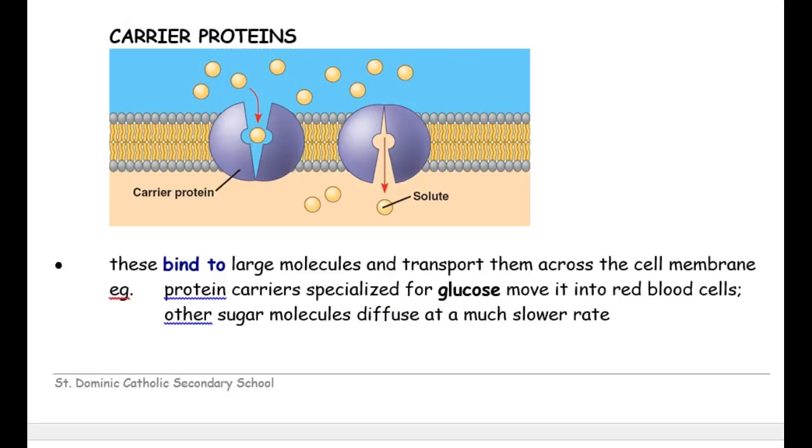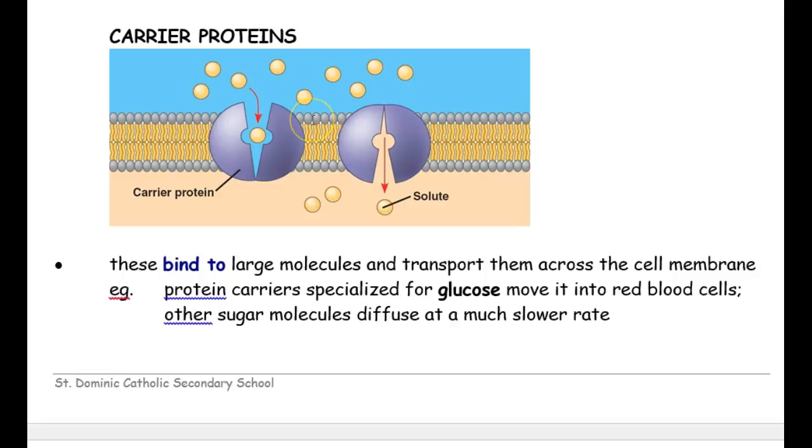Again, remember that facilitated diffusion means the particles being diffused across the membrane don't require any energy, but they are getting help in the form of some kind of transport protein. Carrier proteins, as opposed to channel proteins, don't act like a tunnel.